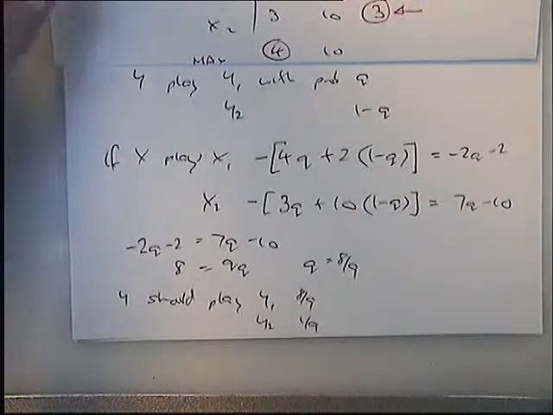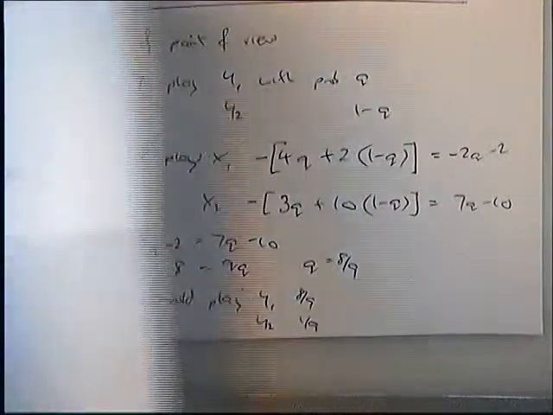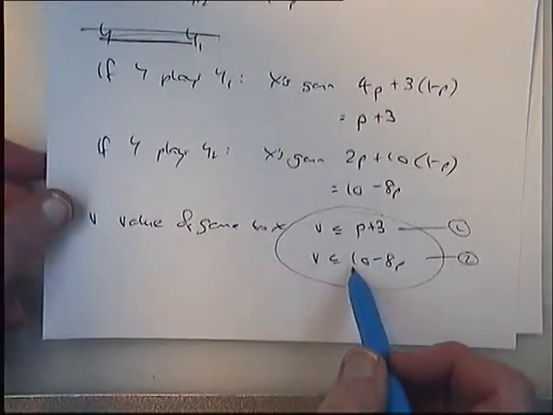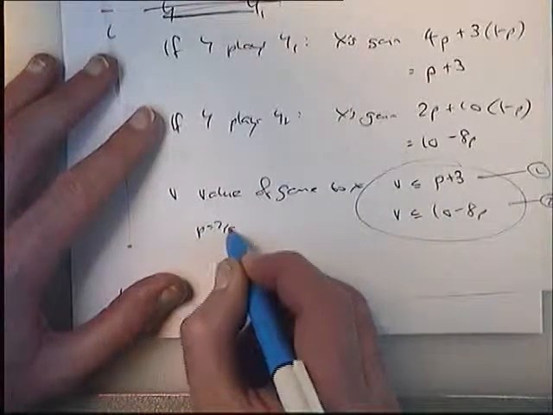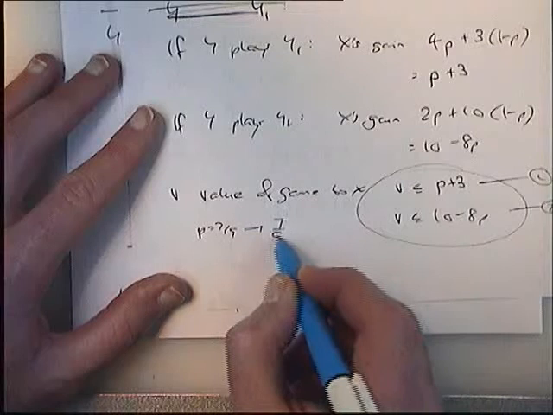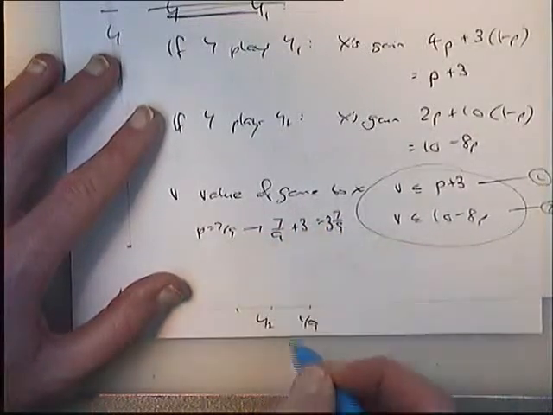Now if we just go back to work out the value of the game to each player, we've said before for player X, these expressions here were the value of the game. We said for X, p was going to be 7/9. So if I substitute p equals 7/9 now into these, the value of the game is going to be 7/9 plus 3, which is 3 and 7/9.